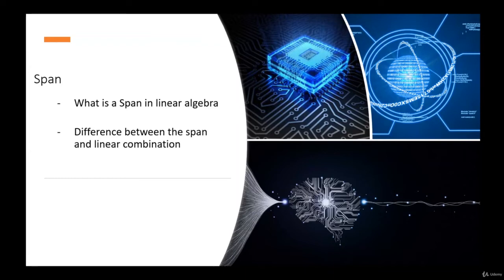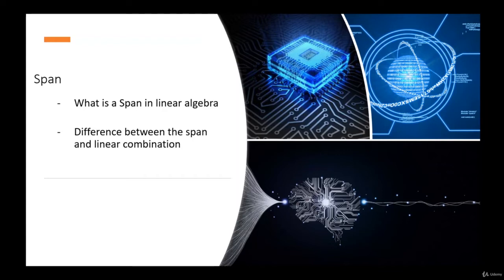Now, what is the difference between the span and a linear combination? There is a pretty major difference between those two elements. A linear combination is simply a sum of scalars multiplied by elements that are in one basis set.